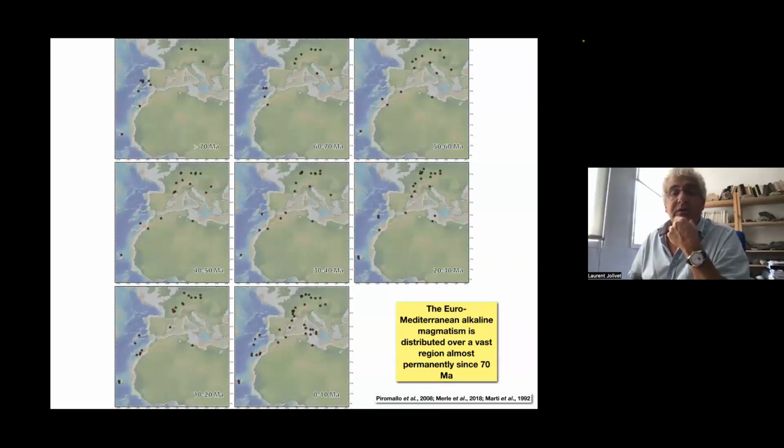Yet we see, if we look at the broader picture, that the Euro-Mediterranean alkaline magmatism is distributed over a vast region almost permanently since approximately 70 million years. So we have the association of this long-lasting volcanic province and this short rift in the late Eocene and the Oligocene.